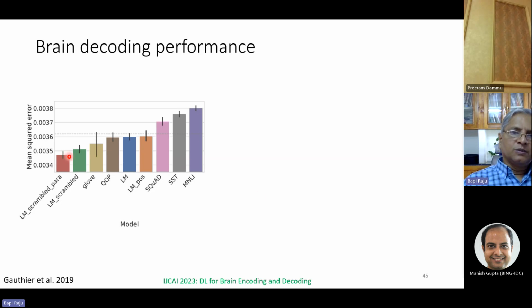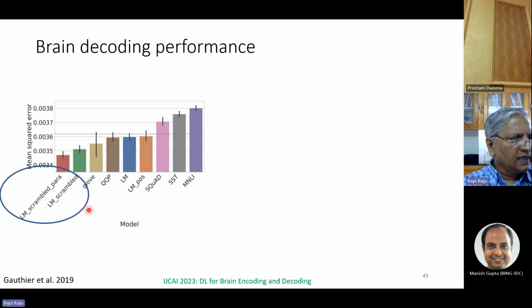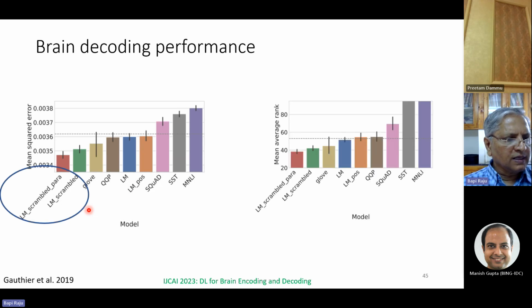So these brain activations are predicting model representations, and you're correlating with them. In this case, you're looking at a metric that looks at the difference, the average squared error between these two. What you see is, surprisingly, the scrambled para and scrambled models seem to have higher accuracy both on mean squared error as well as on the average rank.